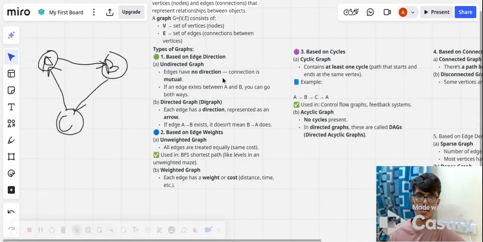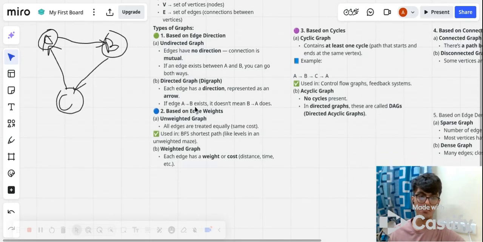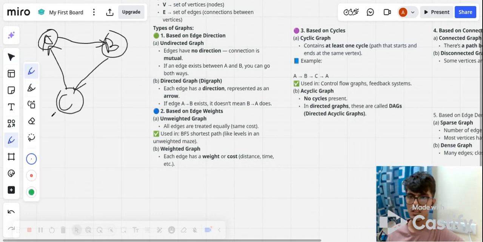Moving on to the next category, we have weighted and unweighted graphs. Let's continue with this diagram itself. At present this is an unweighted graph. What are weights? If I add some number over these edges, that could be anything: a cost, or the distance between the vertices.